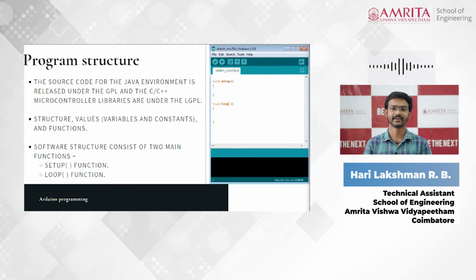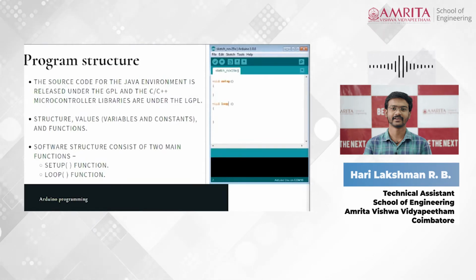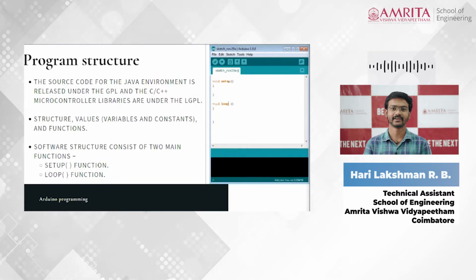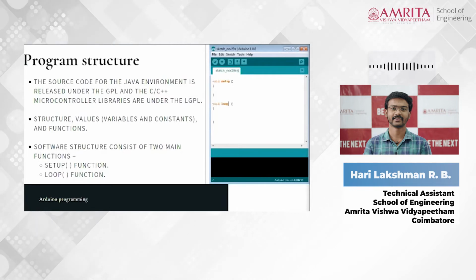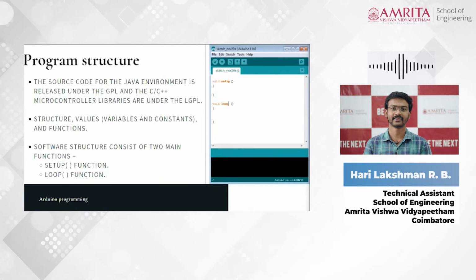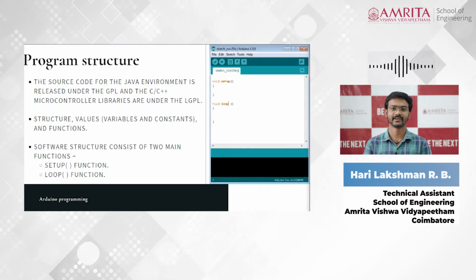Use it to initialize variables, pin modes, start using libraries, functions, etc. The setup function will only run once, after each power up or reset of the board. And you can also give inputs, outputs, and return values in it.